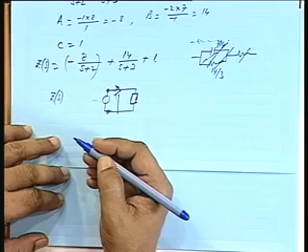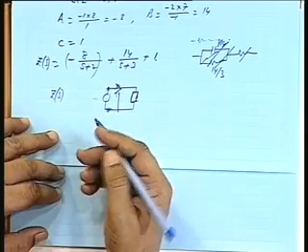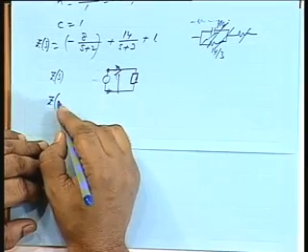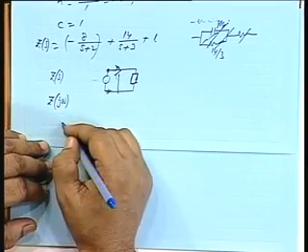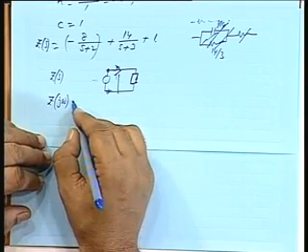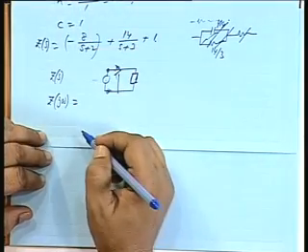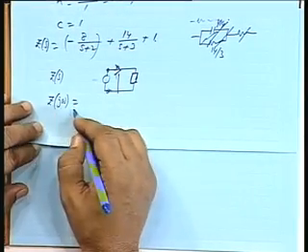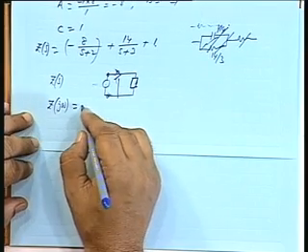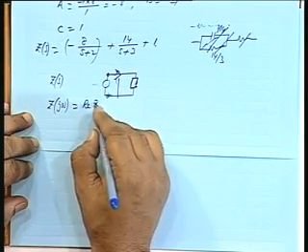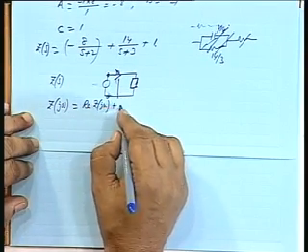If I apply any sinusoidal input, then what will be Z j omega at any frequency? I can put S equal to j omega. Z j omega will have a real part and an imaginary part.